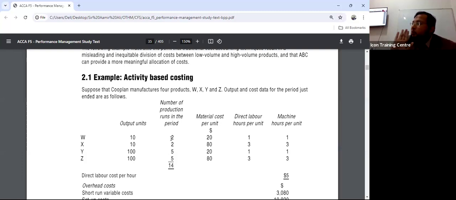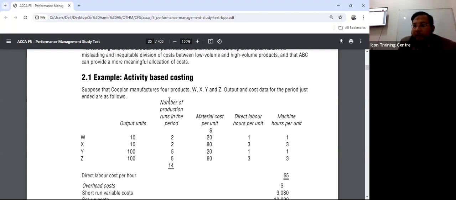If we analyze only this variable, which product will be causing you more cost? Y and Z, because Y and Z require more processes to run, more production runs, in the period, right?